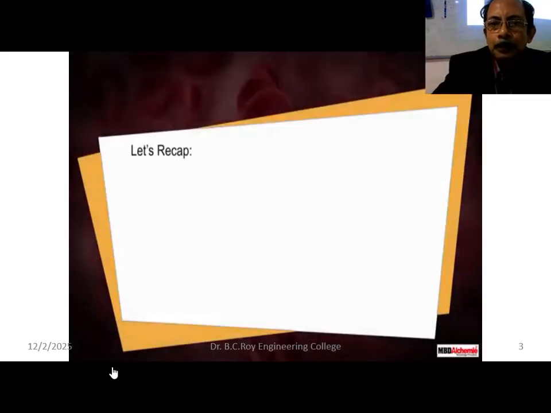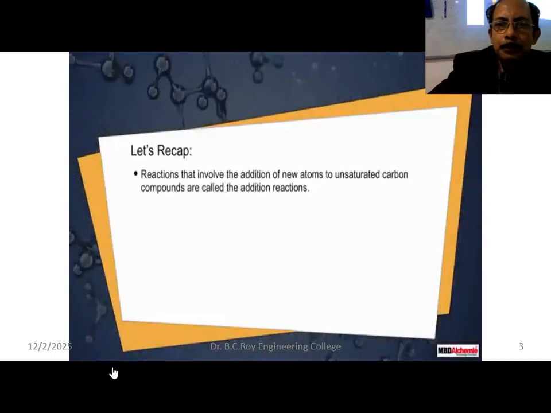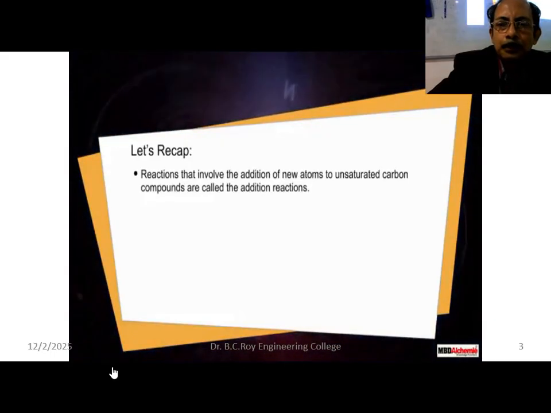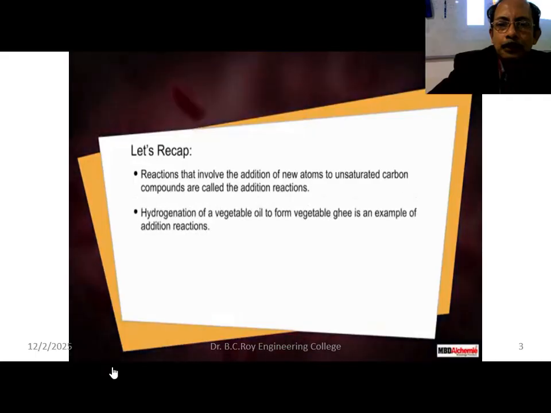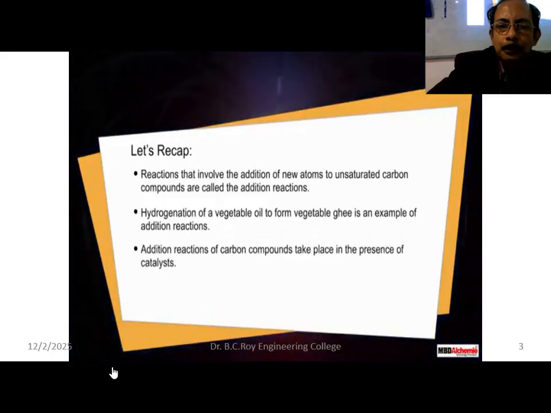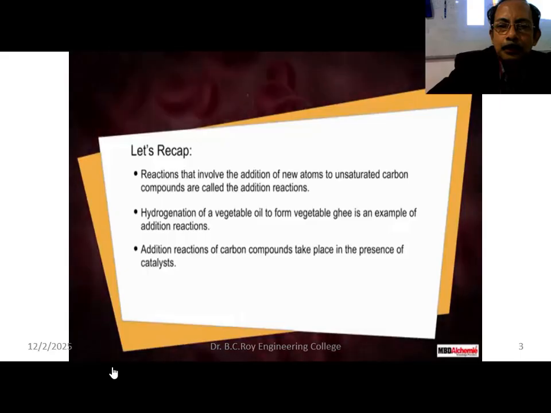Since saturated carbon compounds are fairly unreactive, their substitution reactions take place in the presence of sunlight. Let's recap. The reactions that involve the addition of new atoms to unsaturated carbon compounds are called addition reactions. Hydrogenation of a vegetable oil to form vegetable ghee is an example of addition reactions. Addition reactions of carbon compounds take place in the presence of catalysts.